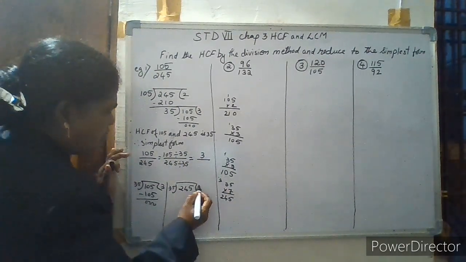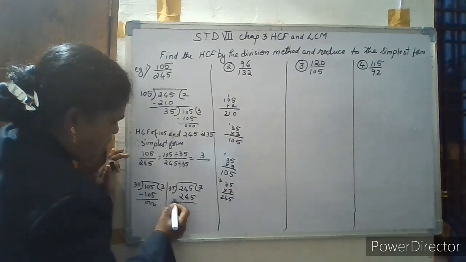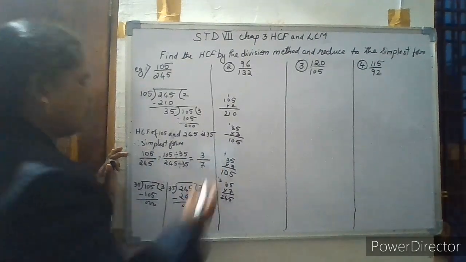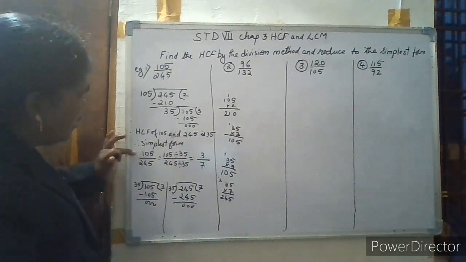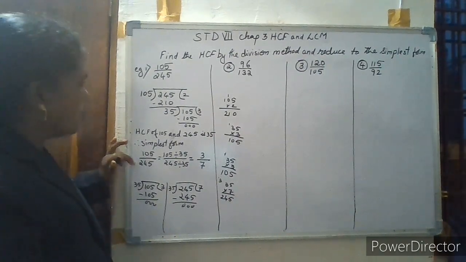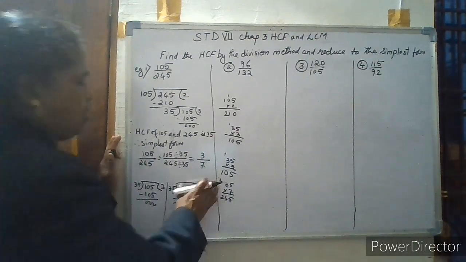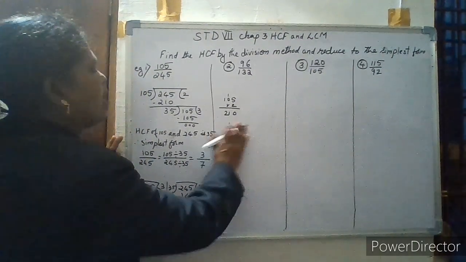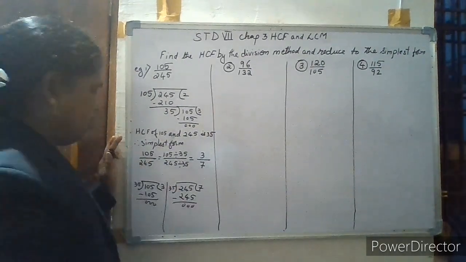So we got 7s are 245 minus 0 0 0. Therefore the simplest form here is 3 by 7. So this fraction 105 upon 245 is reduced to 3 by 7. This rough calculation you have to do in the working column in your book.